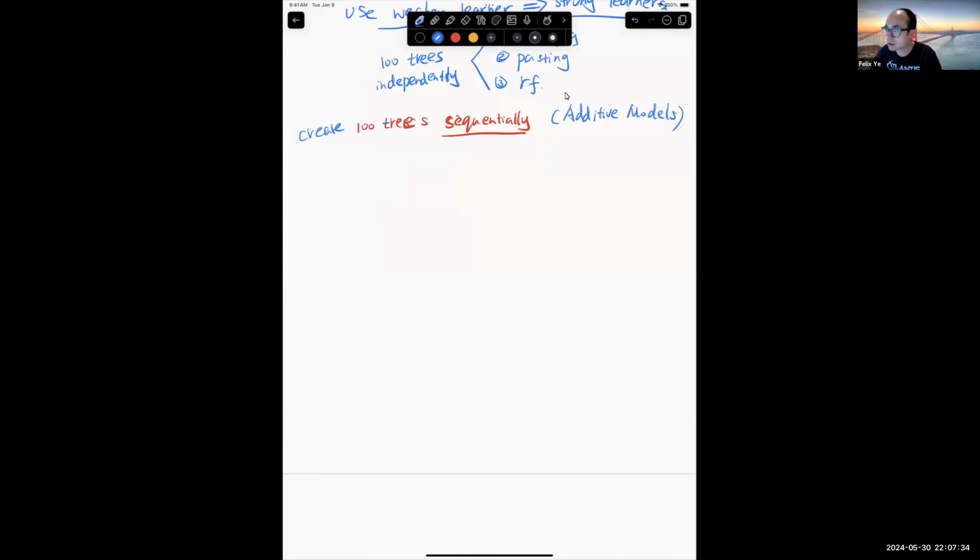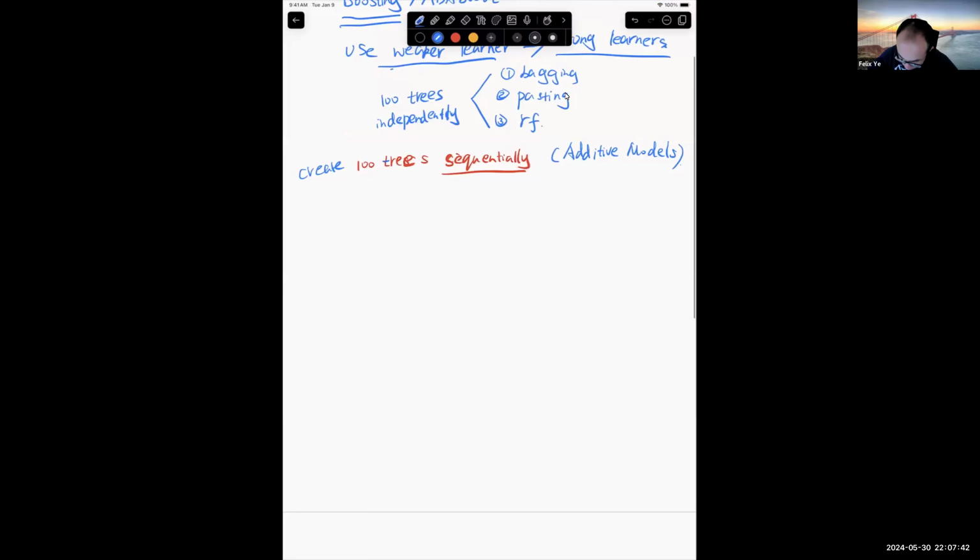Let me give several definitions. What is an additive model? What does weak learner mean? The weak learner has a definition right here.